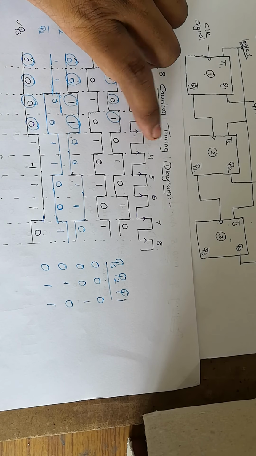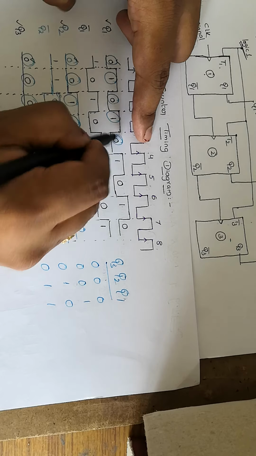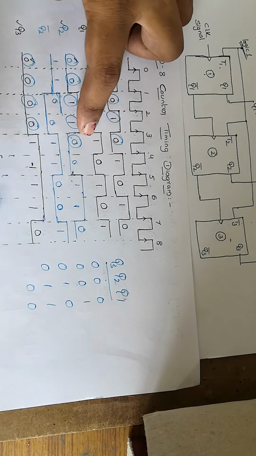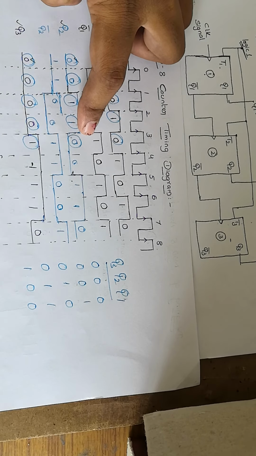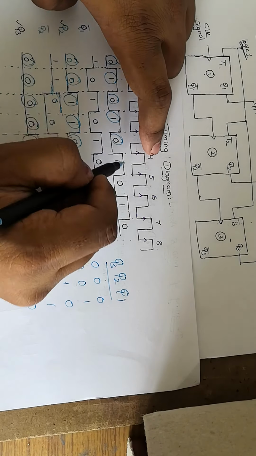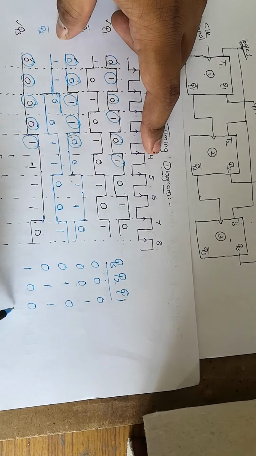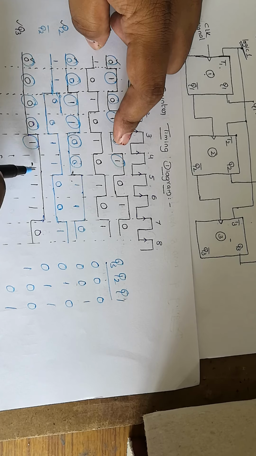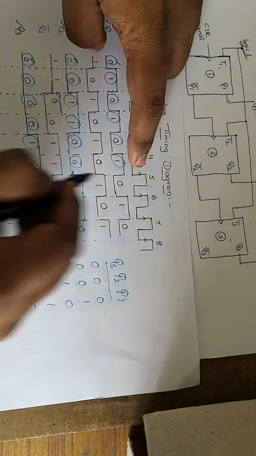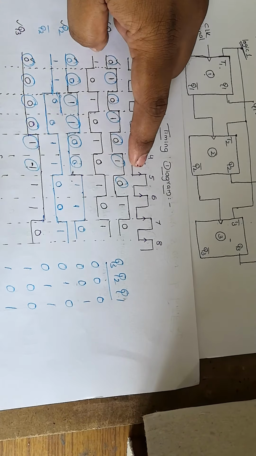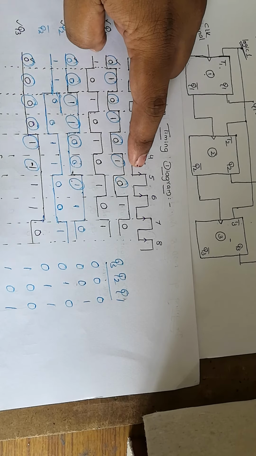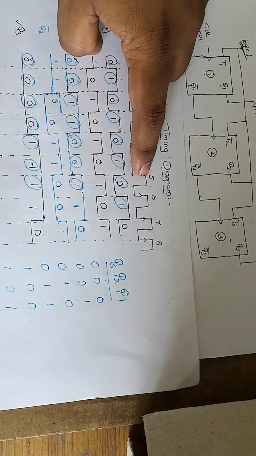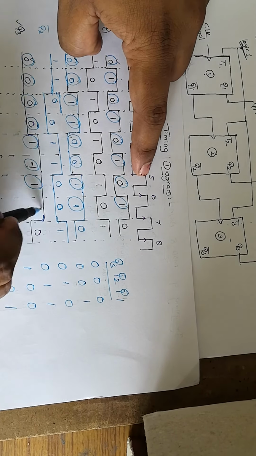After the next clock pulse, Q1 is 0, Q2 is 0, Q3 is 1. After the fourth clock pulse, output of Q1 is 1, Q2 is 0, and Q3 is 1 only. Fifth clock pulse, output of Q1 is 0, this one is 1, and Q3 is 1. Sixth clock pulse, this is 1, this is 1, and this is 1.